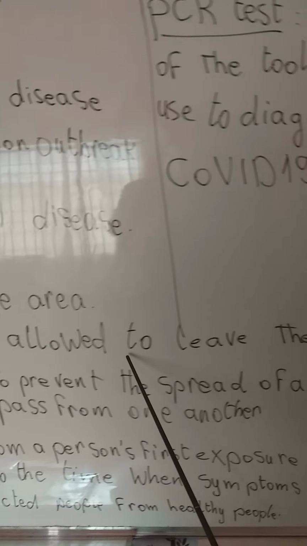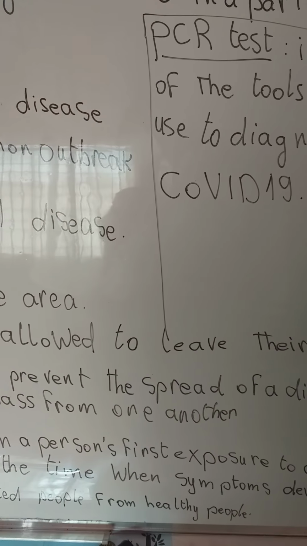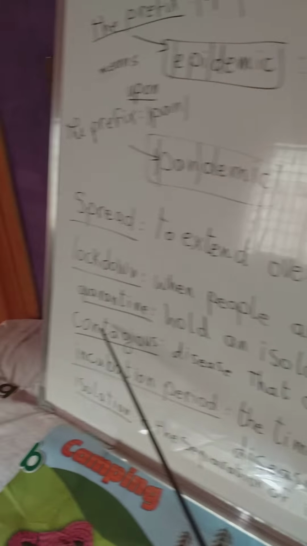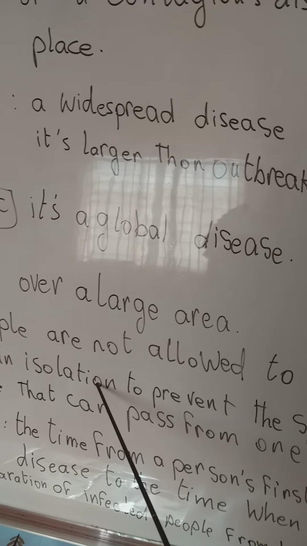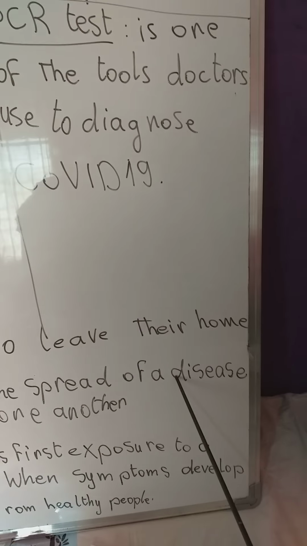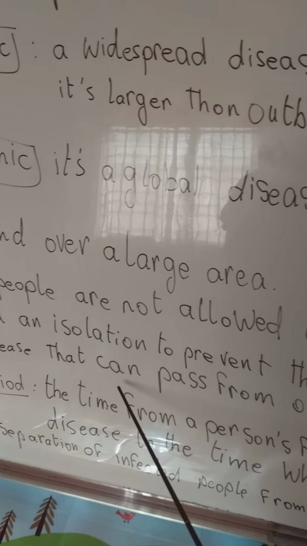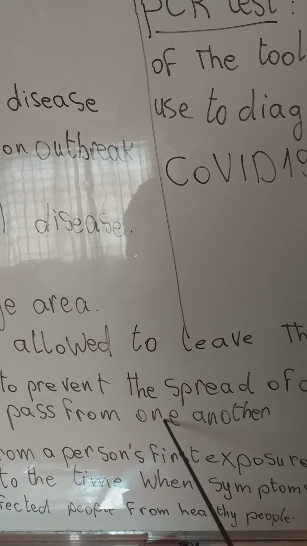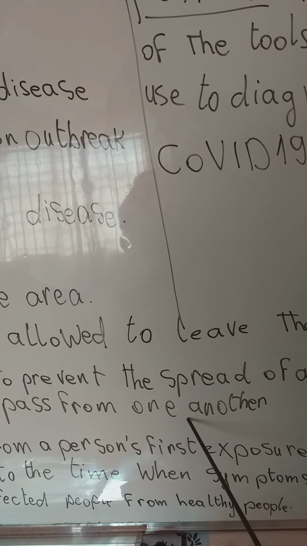When people are not allowed to leave their home or their area, their houses. Quarantine. Hold in isolation to prevent the spread of a disease. Okay? Contagious. A disease that can pass from one person to another.